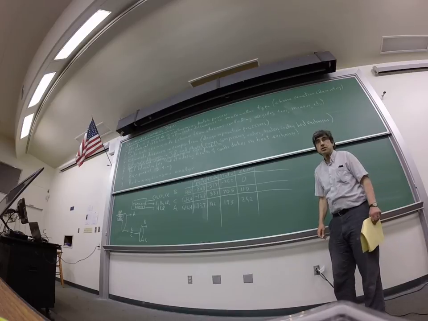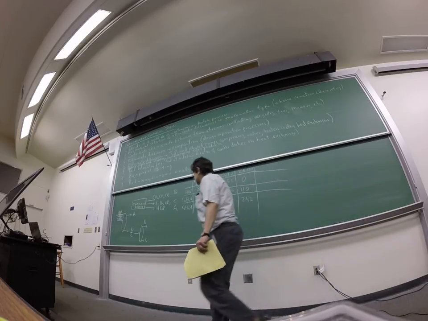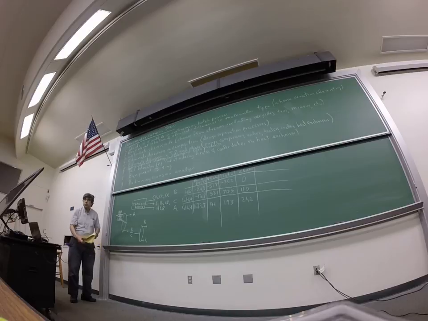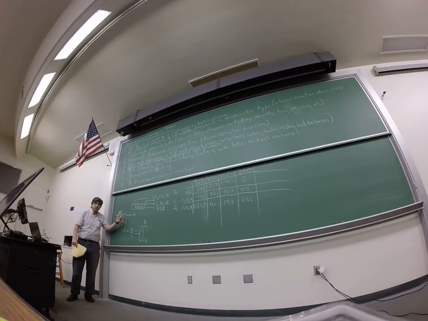Okay. You can immediately figure out, if I have 4.8 atmospheres, and of course every column has pressure drop, where's the highest pressure point in the distillation column? The bottom. And the lowest pressure is the distillate, the condenser.